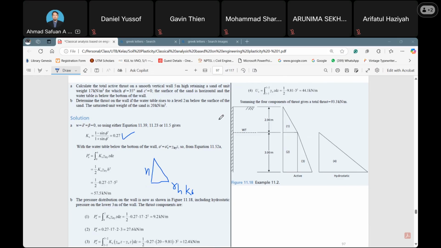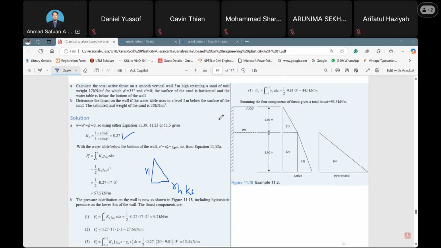This is very tedious, so it's better to use a simple approach: get the first, then the second, then the third. The result will be the same. PA1 is 9.2, PA2 is 27.6, and the third area is 12.4.